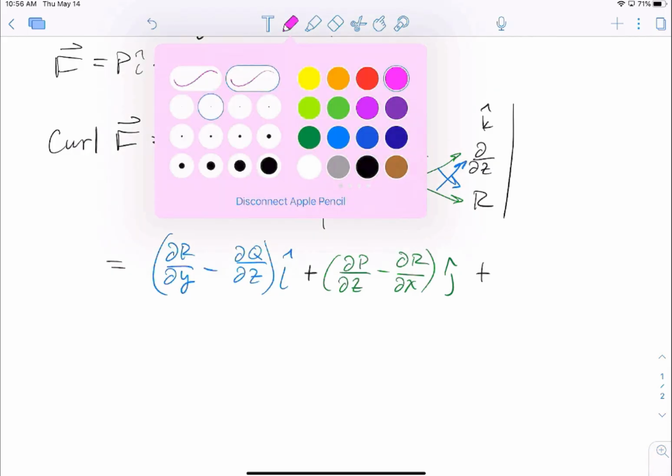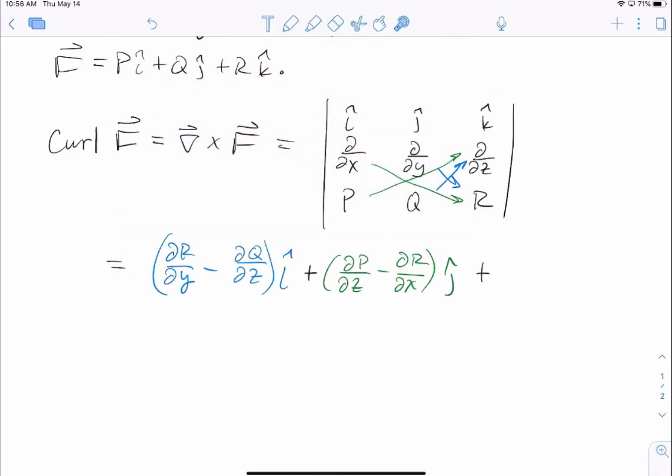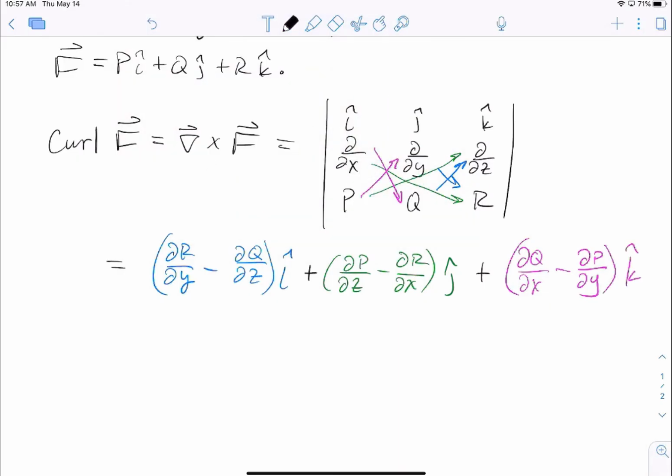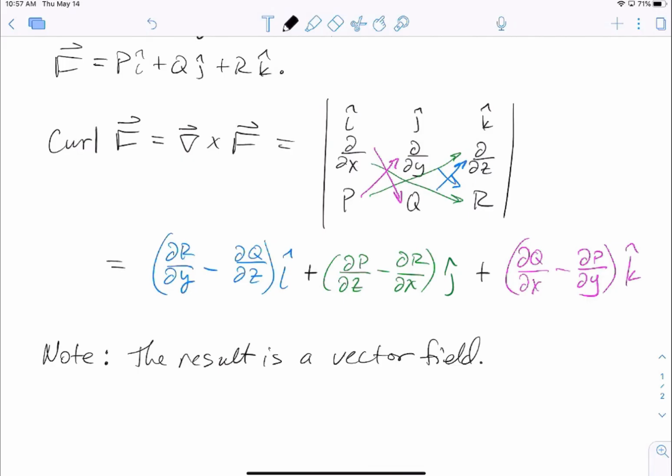Finally, crossing out the row and column that contain k, we're going to be left with the partial of Q with respect to x minus the partial of P with respect to y, and that will give us the k component. That's referred to as the curl of F. Note that because it was a cross product, the result is a vector field.